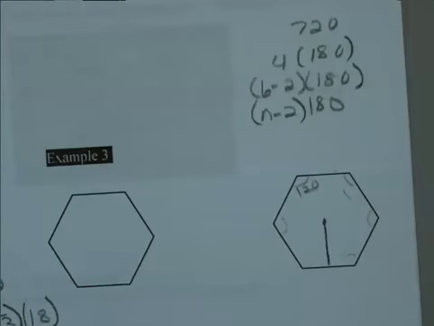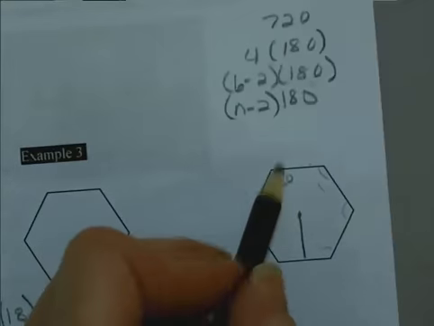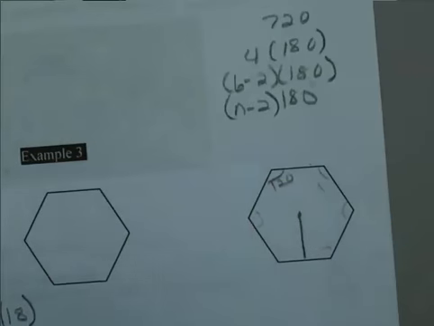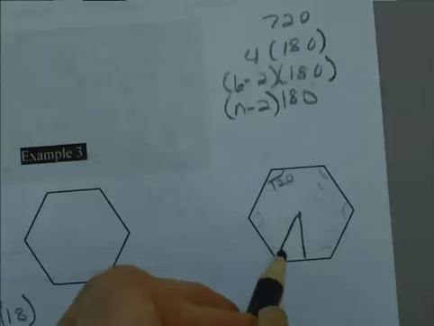An easy way to remember that is that if it has 3 sides, each angle is 60. If it has 6 sides, you just double it. It's 120.